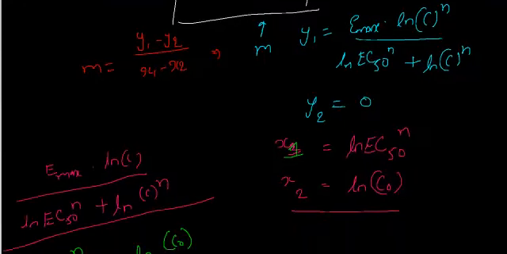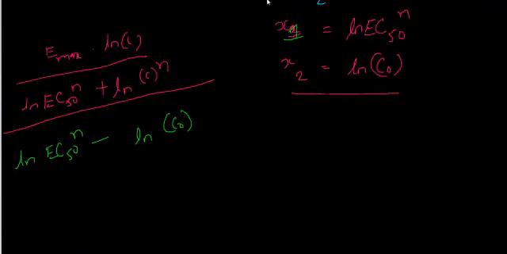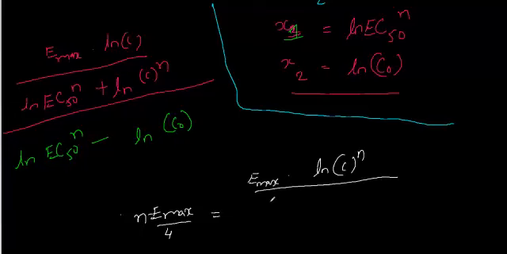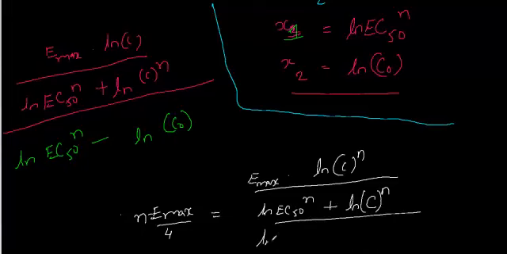So I'm going to rewrite this equation, since n times Emax over 4 is equal to Emax times ln of C^n over EC50^n plus ln of C^n, divided by ln of EC50 to the power of n minus ln of C0 to the power of n, right?